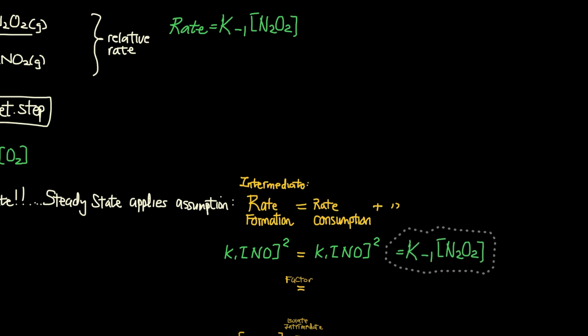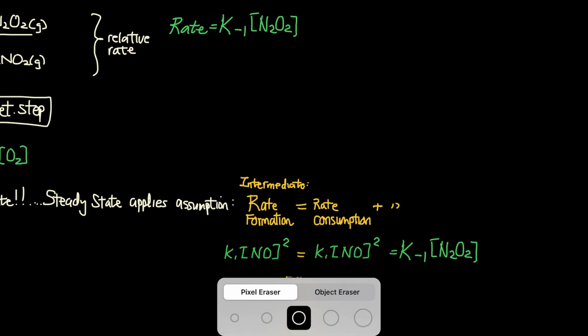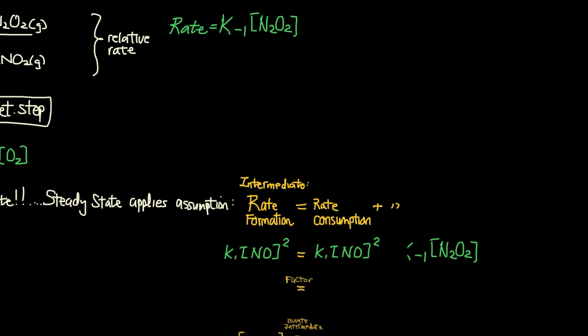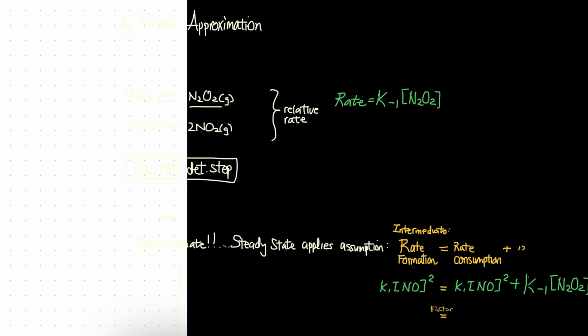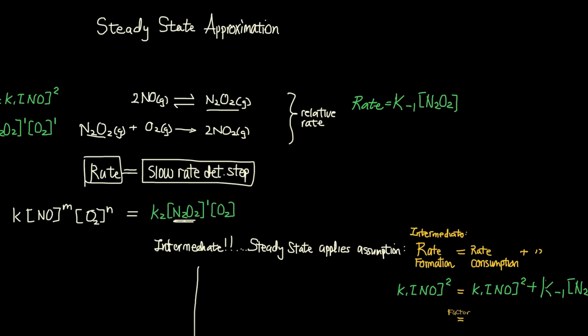So we would add these two rates of consumption together. And notice how I used -1 here. So that just symbolizes the reverse reaction of the first step, while K1 is the forward reaction of the first step.